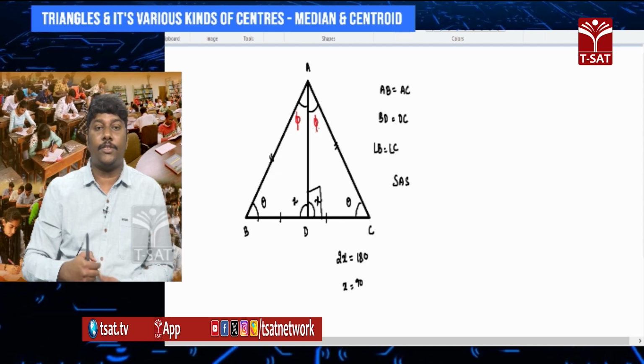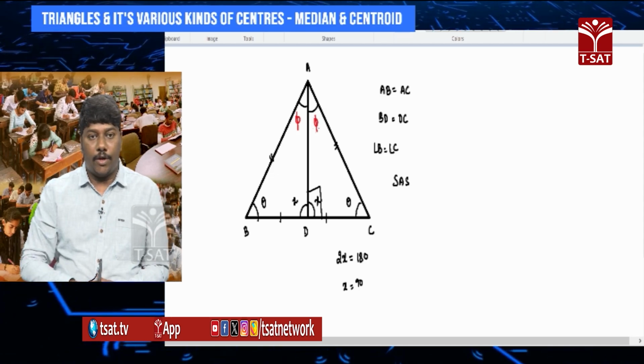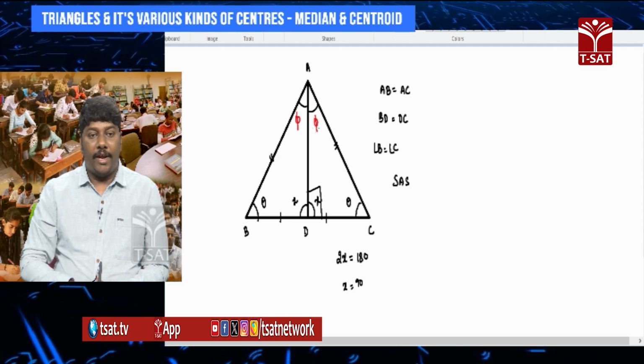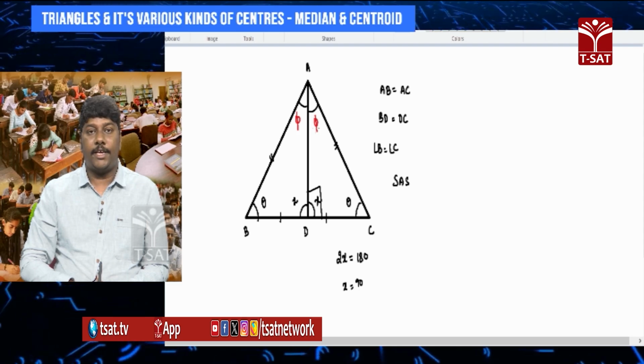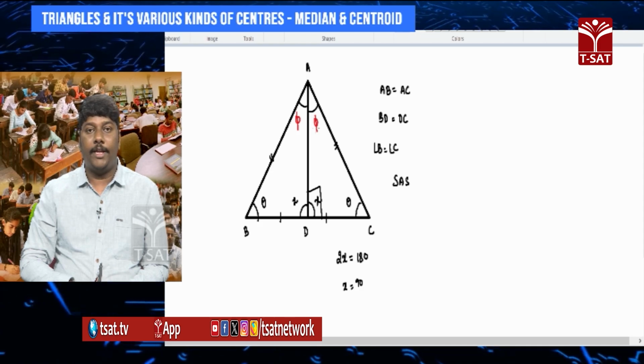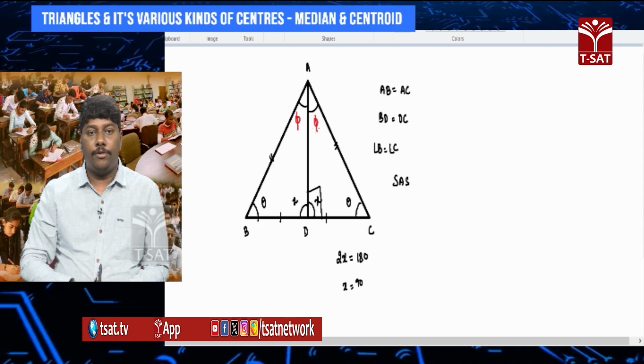Now here AD is also called what? AD is also called angular bisector. If you look, AD is perpendicular to the base and it is bisecting the base. Therefore, AD is also called perpendicular bisector. So, what do you know here?